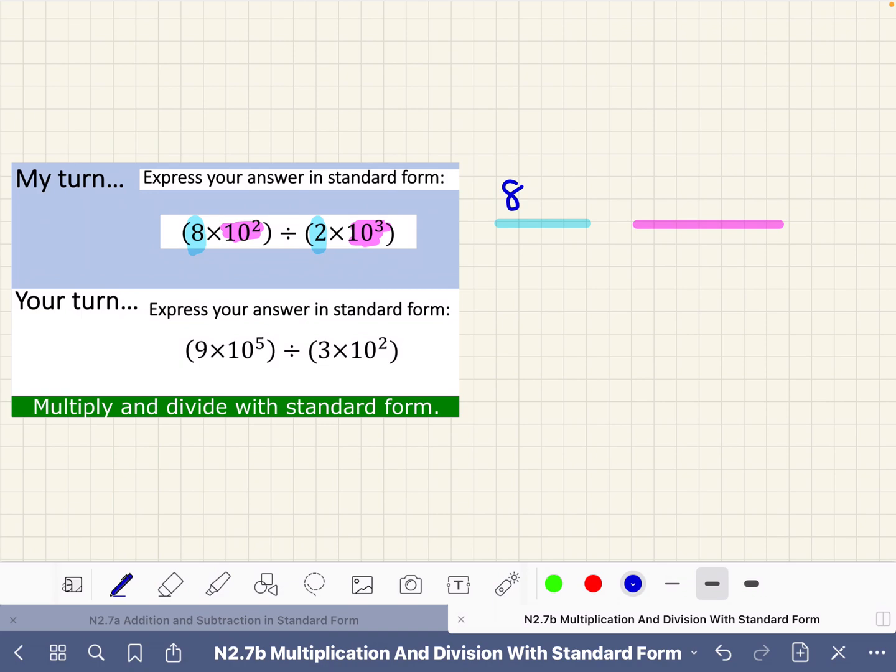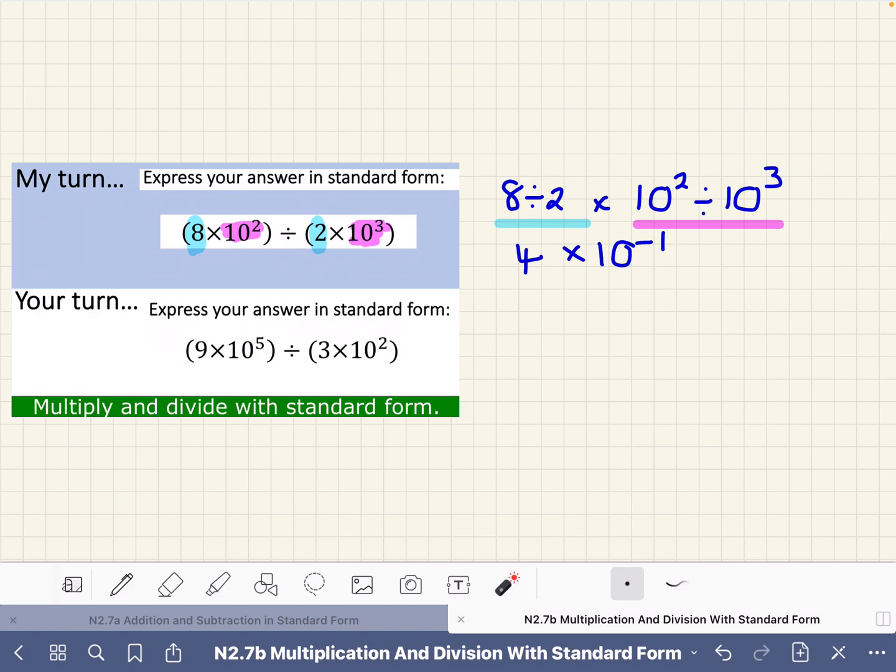So 8 divided by 2 multiplied by 10 to the power of 2 divided by 10 to the power of 3. 8 divided by 2 gives you 4, which we are multiplying by 10 to the power of 2 take away the 3, gives us minus 1. We check to see if that is a single digit value. It is, so that is our standard form value complete.